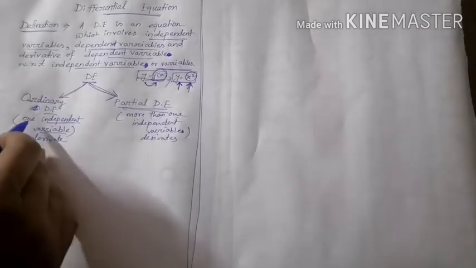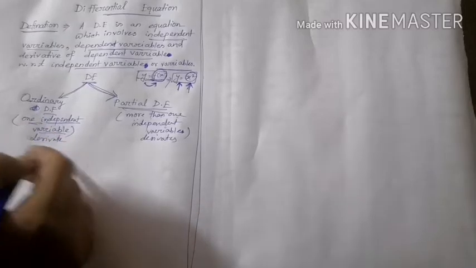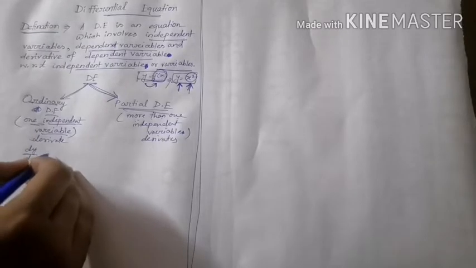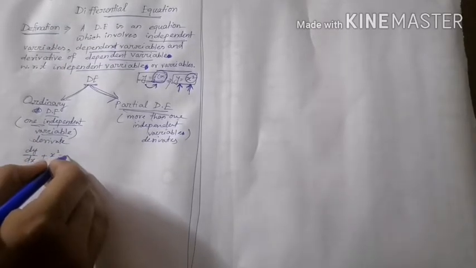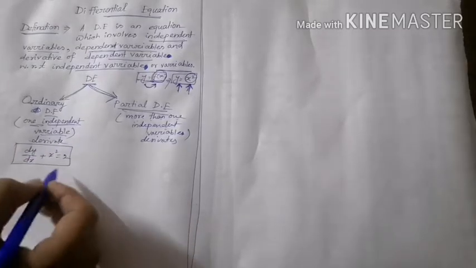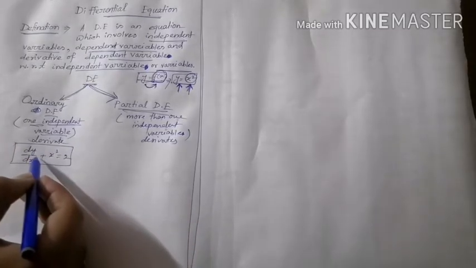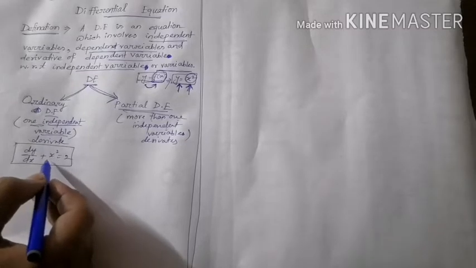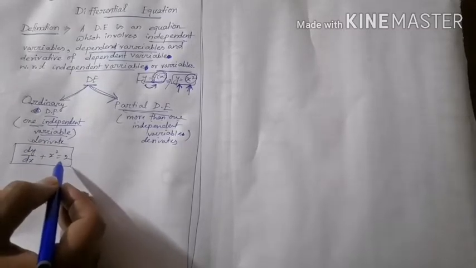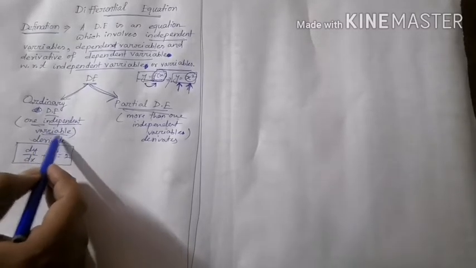Let's see some examples of ordinary differential equation. If we take dy by dx plus x square equals 2, in that case we can easily see that here is one independent variable, that is x, and one dependent variable, that is y, and 2 is a constant term. So here we get derivative with respect to only one independent variable.